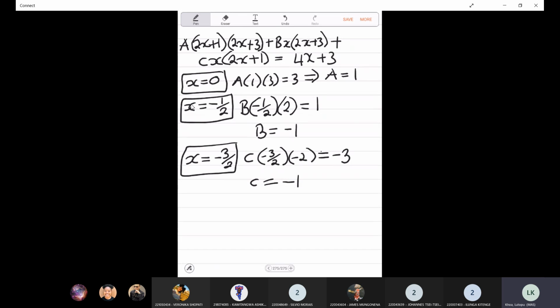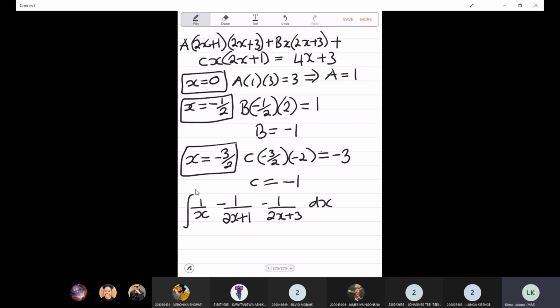So what we are now integrating, okay, so what we're integrating is a over x, so it's 1 over x, and then minus b over 2x plus 1, and then minus 1 over 2x plus 3 dx.